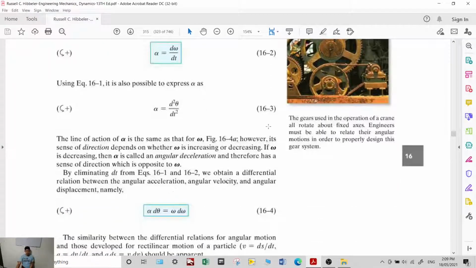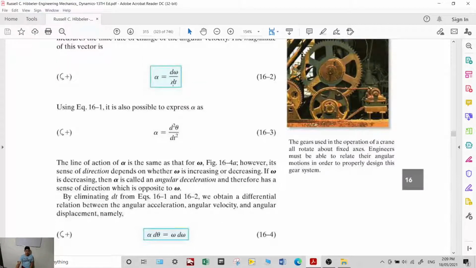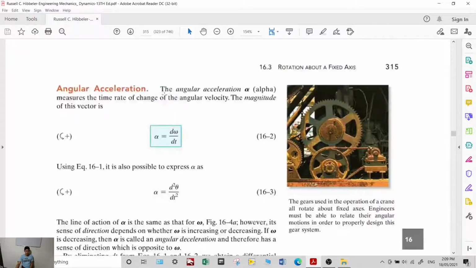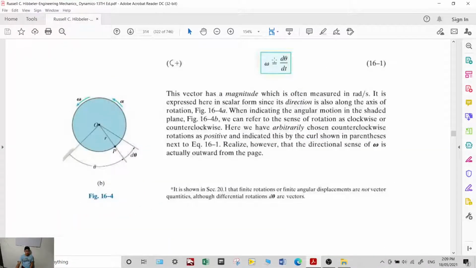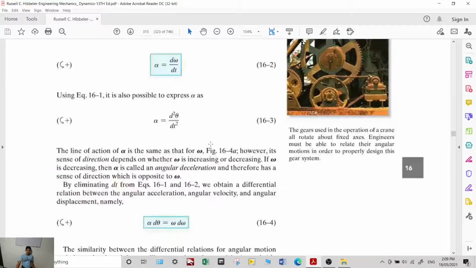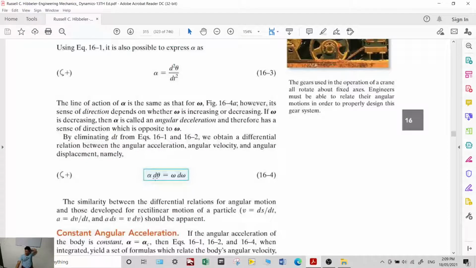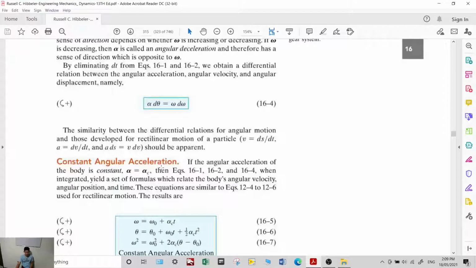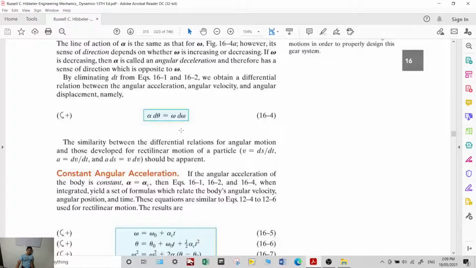And also, if we want to get the relationship between theta, angular velocity, and angular acceleration, you eliminate dt. You eliminate it from here. So you get alpha d theta is equal to omega d omega. So this is analogous to our a ds is equal to v dv for rectilinear motion.